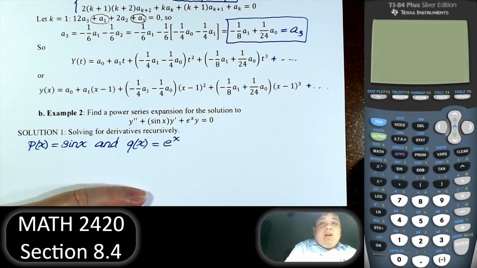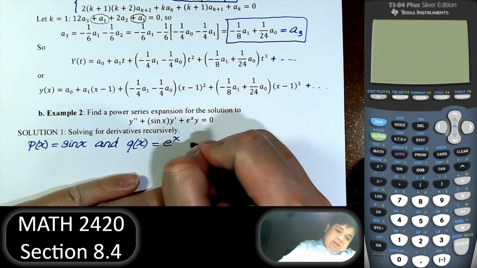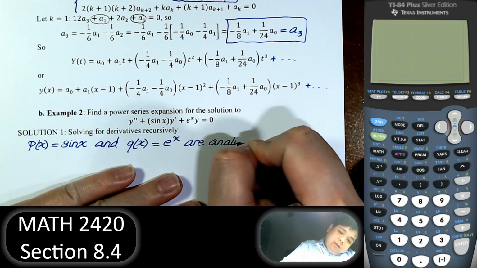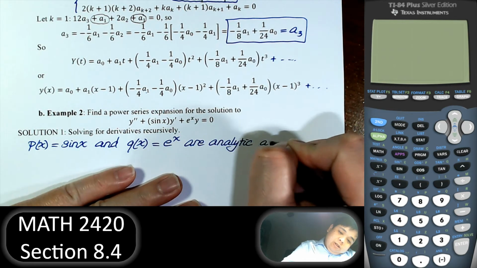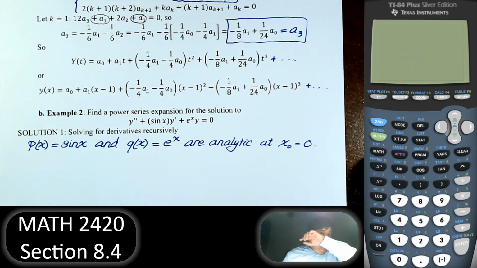Both of them are defined. Both of them are analytic at x equal to 0. So we're going to use the power series at 0. But in this case, I will not write out a series.